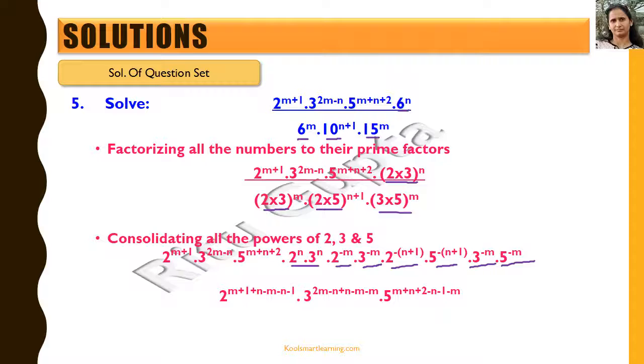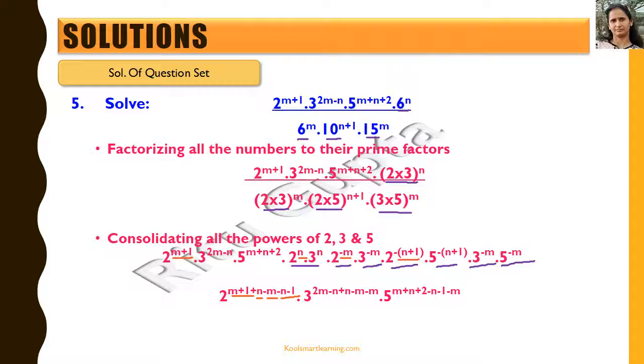So now we will add all the powers of 2, 3 and 5 separately. For 2, we have 2 raised to power m plus 1 plus n minus m minus n minus 1.